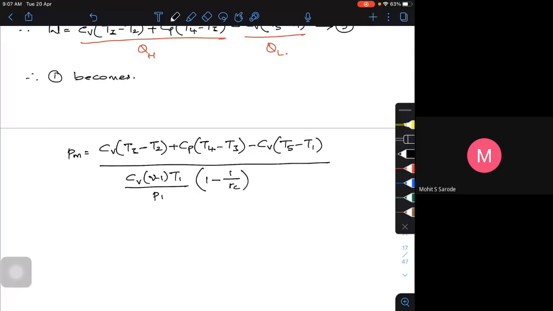This is the expression I have. Now I am going to divide it.